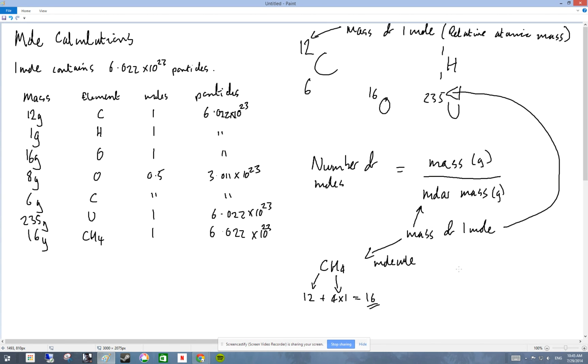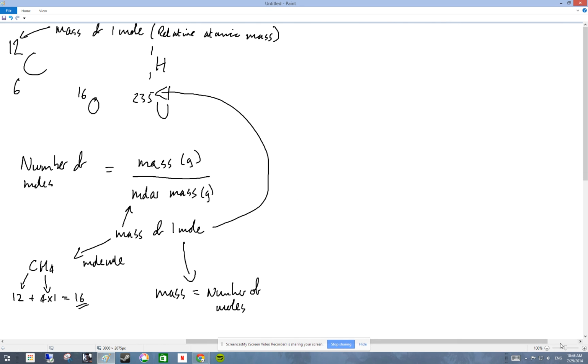The other thing that you'll frequently have to do with this equation is rearrange it to work out the mass of something you've got. So mass will equal the number of moles times by the molar mass.